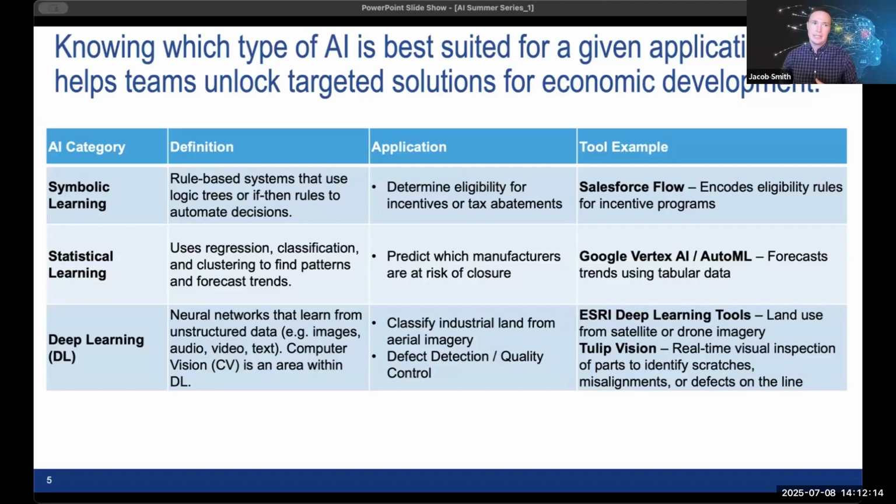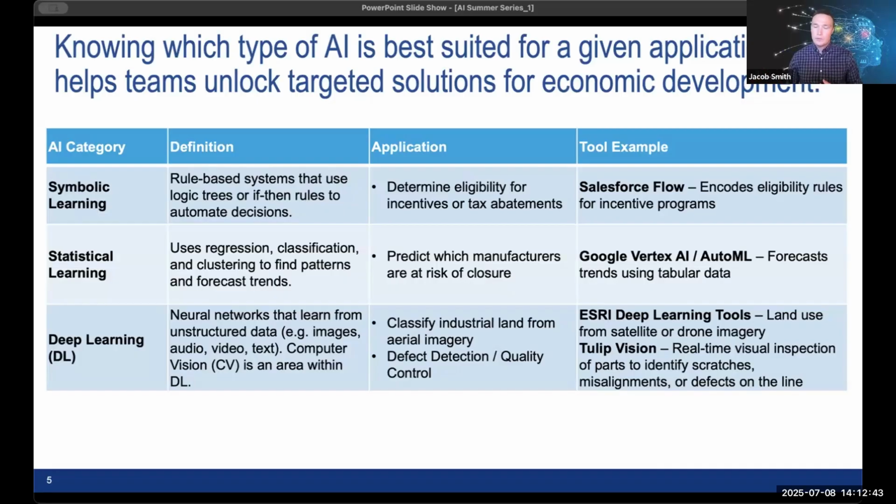For instance, if you're looking at trying to predict which businesses in an area might close, you don't need necessarily a deep learning network that has trillions of parameters when all you have are 6 different sets of data in a spreadsheet that you can create a much simpler model to make that classification. So we've talked a little bit about symbolic learning, those rule-based systems. You might be able to use those to determine eligibility for an incentive or something like that.